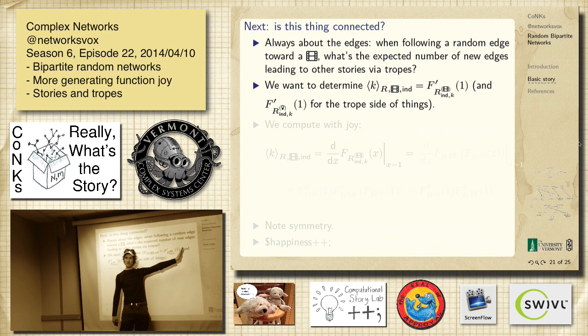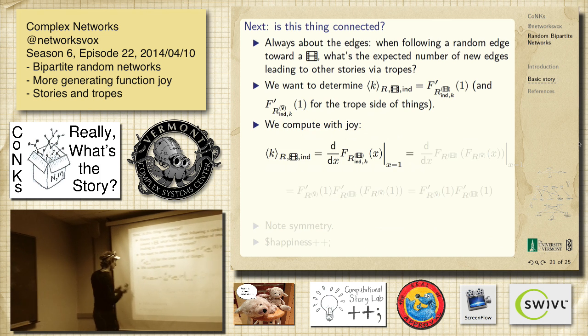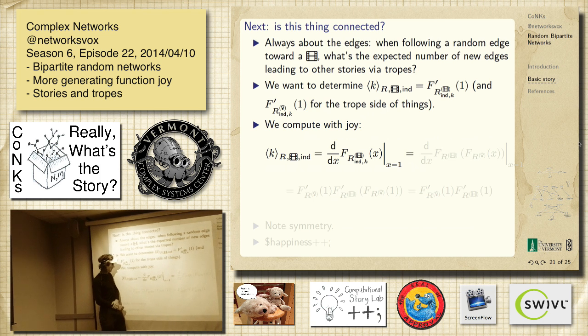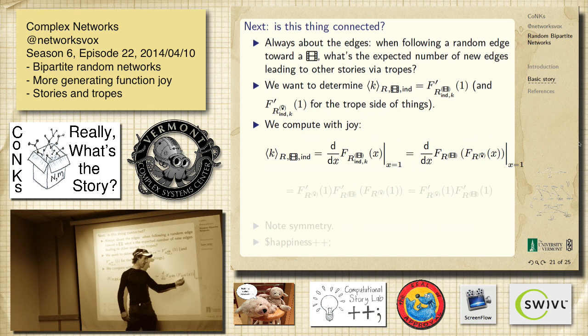Set it to 1, that will give you this mean. Right? And we need this guy for the trope one. Okay, excellent. All right, so we have this little beastie from before. We're just going to take its derivative, set x equal to 1. And it was the one that has the 2 r's.